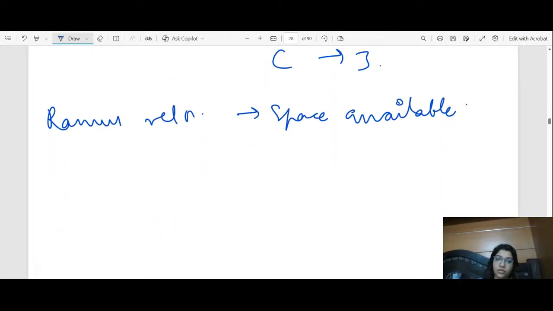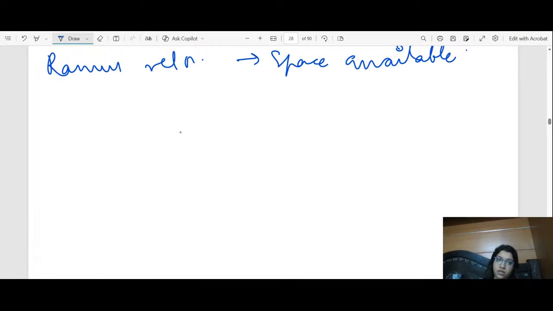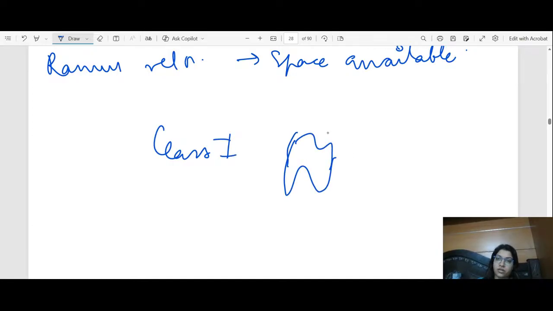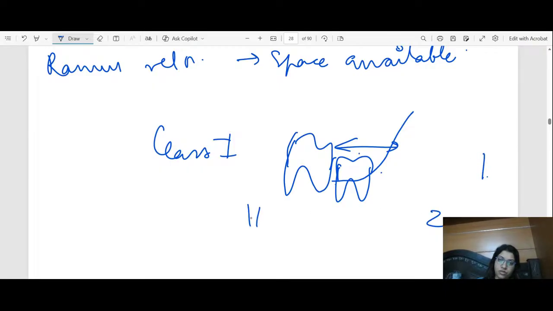According to it, class 1, class 2, class 3 we did. So class 1, where adequate space is available between the second molar and the ramus of the mandible for the eruption of the tooth, it is 1. When less space is there, class 2, it is 2, and class 3, when it is completely into the ramus of the mandible, it is 3.